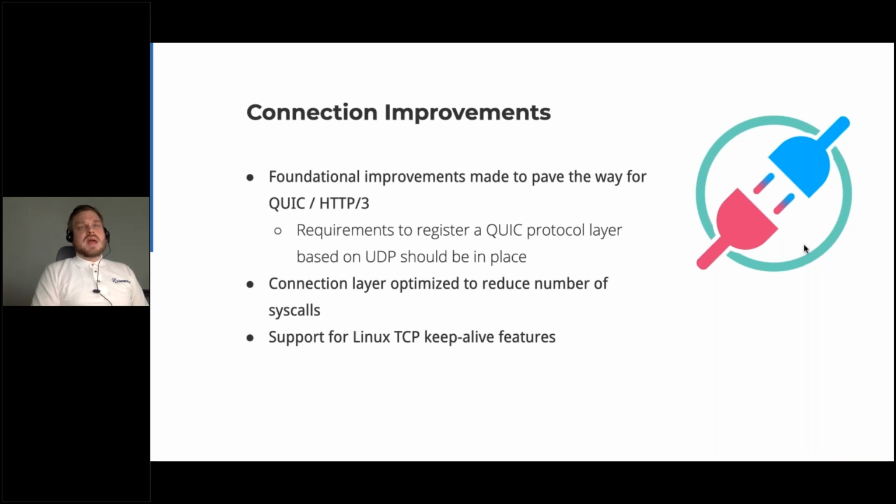Apart from this, HAProxy now gives you some more control over the Linux TCP Keep Alive feature. For those of you who are not aware, TCP Keep Alive lets the Linux kernel know when a peer on the end of a connection has stopped responding and when it's safe to close an idle connection. It discovers this by periodically sending probes, and if the peer does not reply after a specific number of probes, the socket is closed.